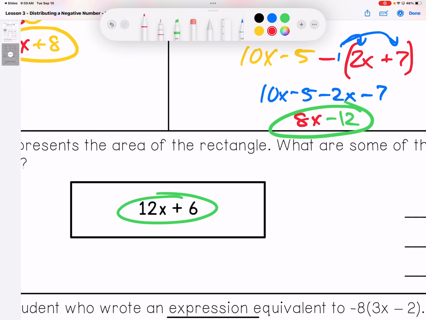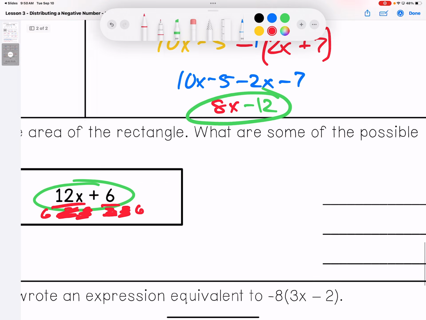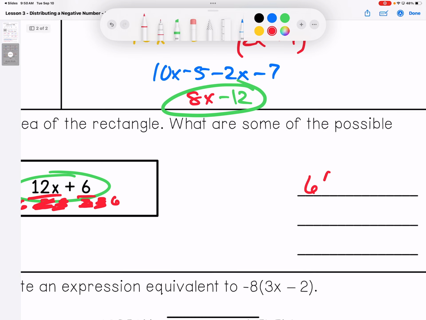So I can take out, obviously, a 1, but I also could take out a 2 from both of them. I also could take out a 3 from both of them. And I also could take out a 6 from both of them. Let's take out 6 first. So 12 divided by 6 leaves me 2x, and then 6 divided by 6 leaves me positive 1. What else could I take out?